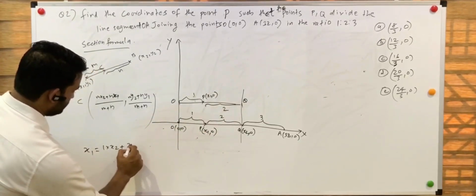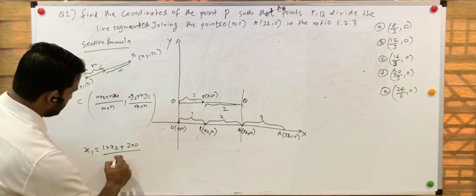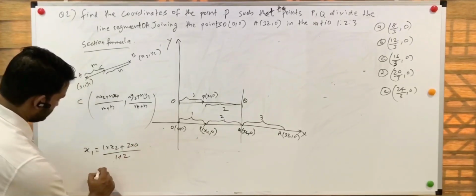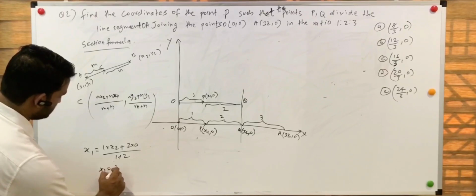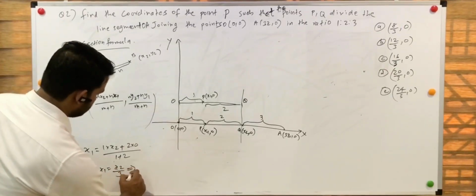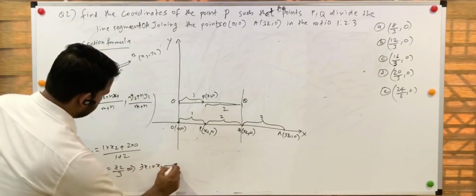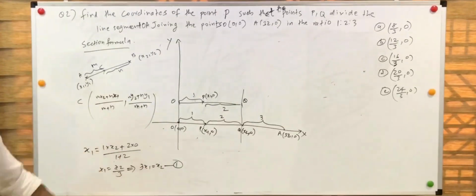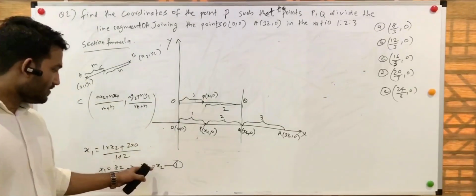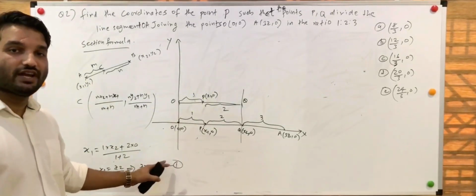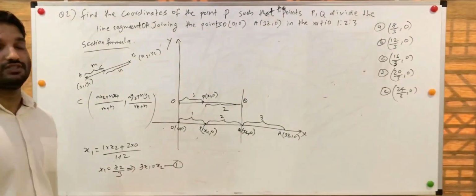So 2 into 0, divided by m plus n. So we have x1 is equal to x2 by 3, which means 3x1 is equal to x2. This is equation 1.